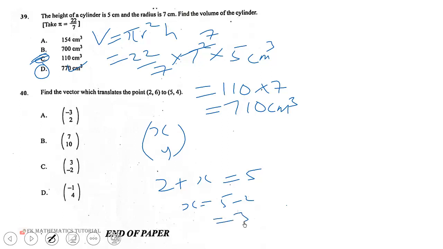Then similarly 6 plus y will be equal to 4, which gives us y to be equal to negative 2. So it will be 3, negative 2, which is option C.